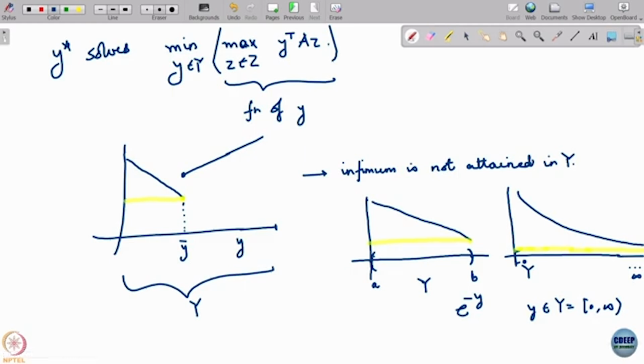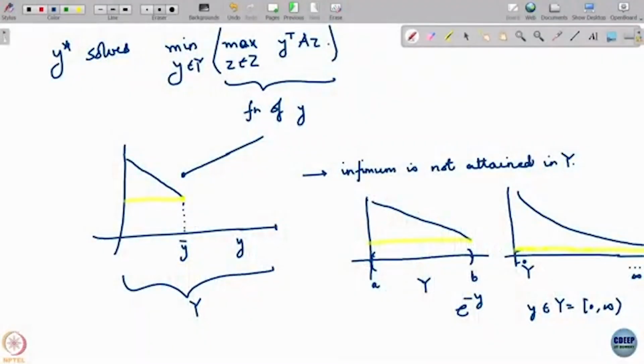It is 0. But is there a y that gives you e to the minus y equal to 0? There is no real y like that, right? The only way you can get 0 is if you put y equal to infinity, but that is not a real number.